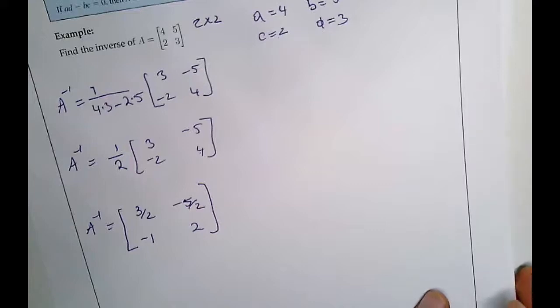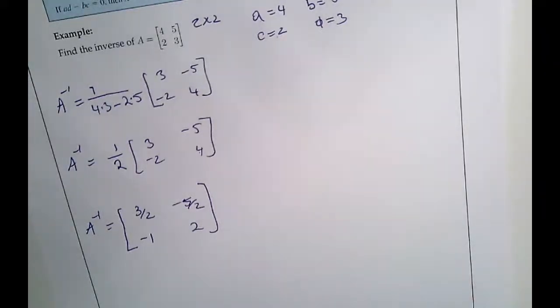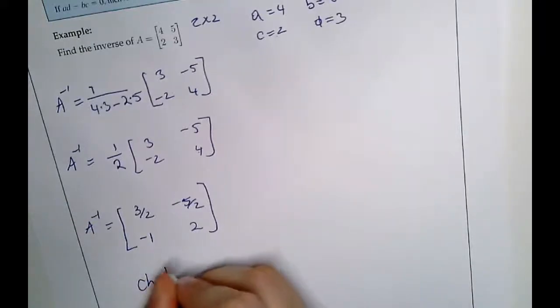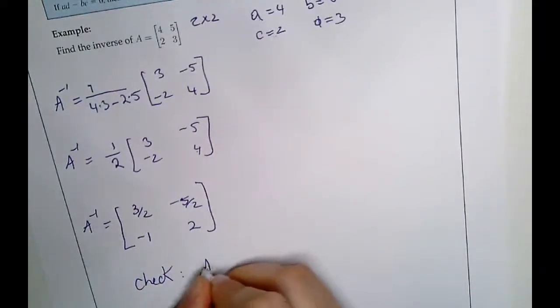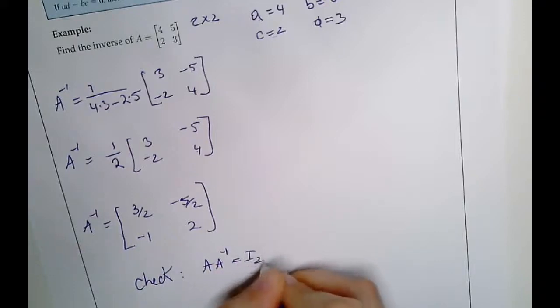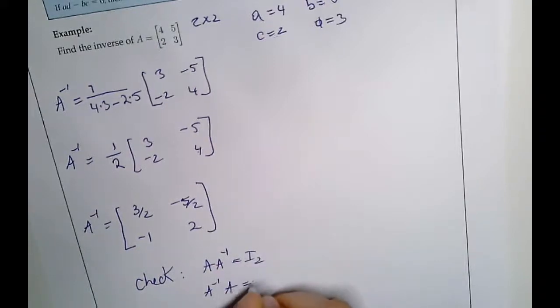So this is the inverse. You can check your work: check that A times A inverse is I2, and then A inverse times A is I2 as well.